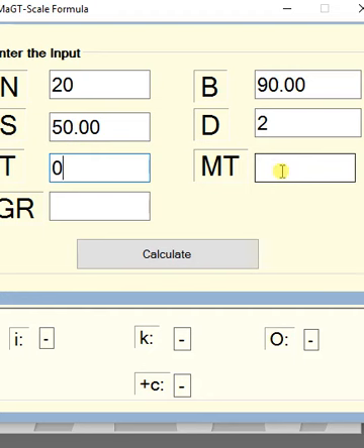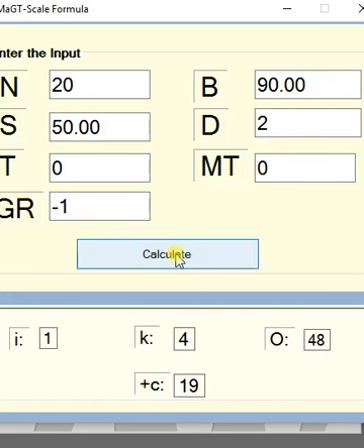MT, you get basic scale by using 0. GR, based on the two variables, GR is -1 because they have different trends. So you click. This gives you 1 centimeter to 4 units with origin from 48.